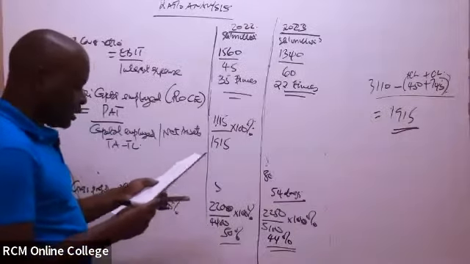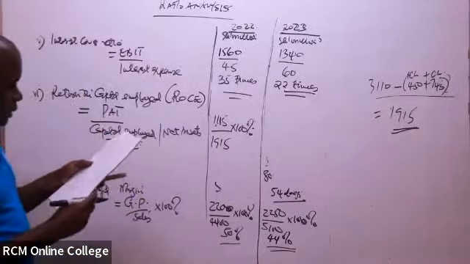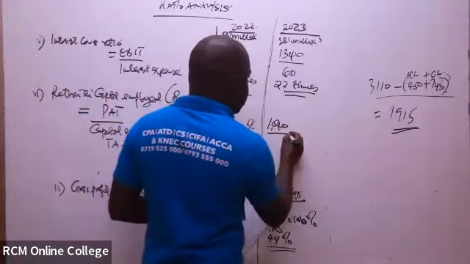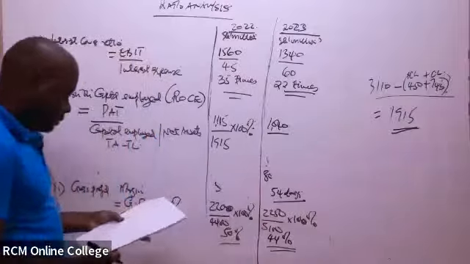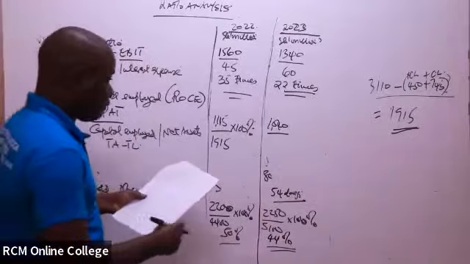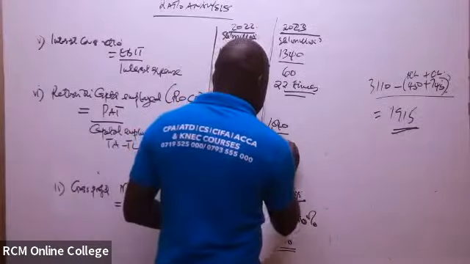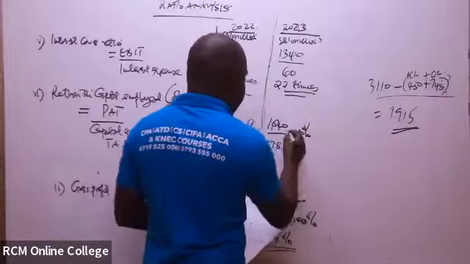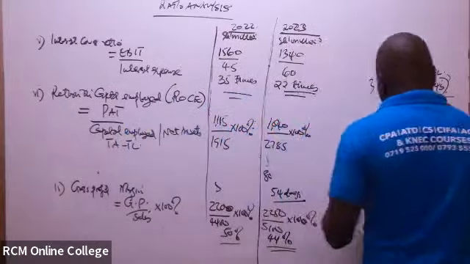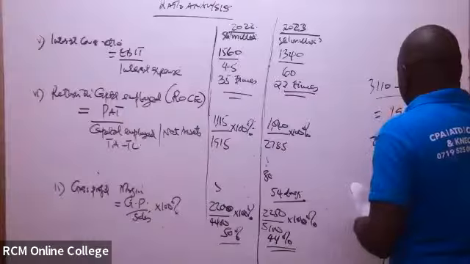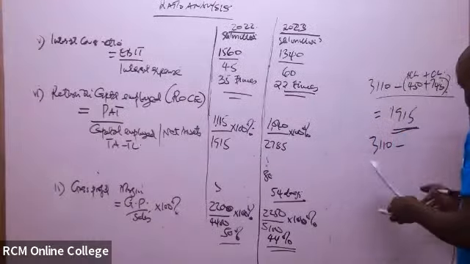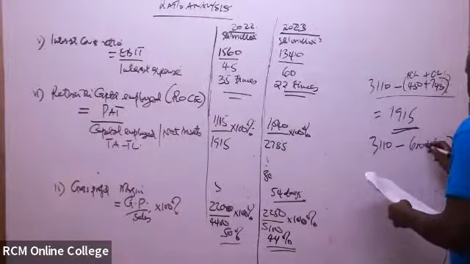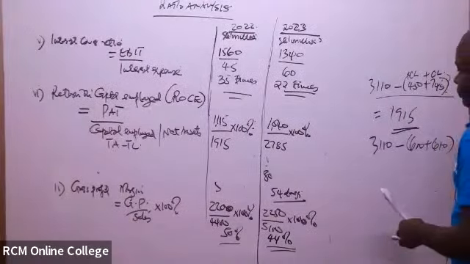So you go to the year 2023. The profit is 1040. You divide by the capital employed, which will be 2785. Multiply by 100%. Alternatively, you can say 31,110 minus 600 plus 610.